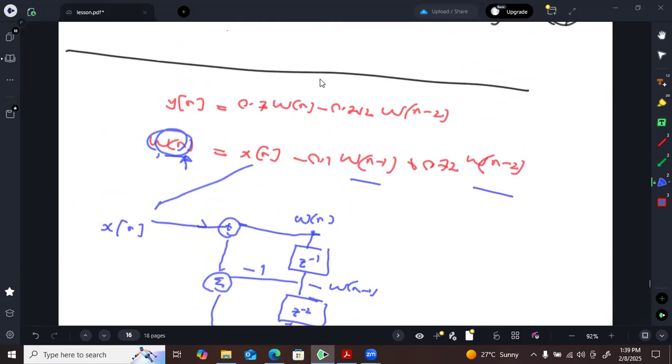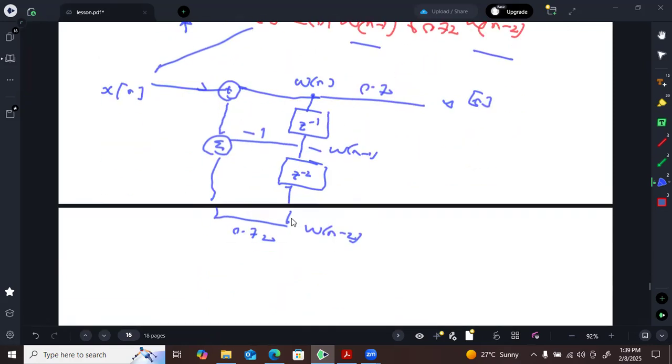Then you can see this other part, y of n. I only need delayed versions. I also need wn, which is already here, and a delayed version, wn minus 2.